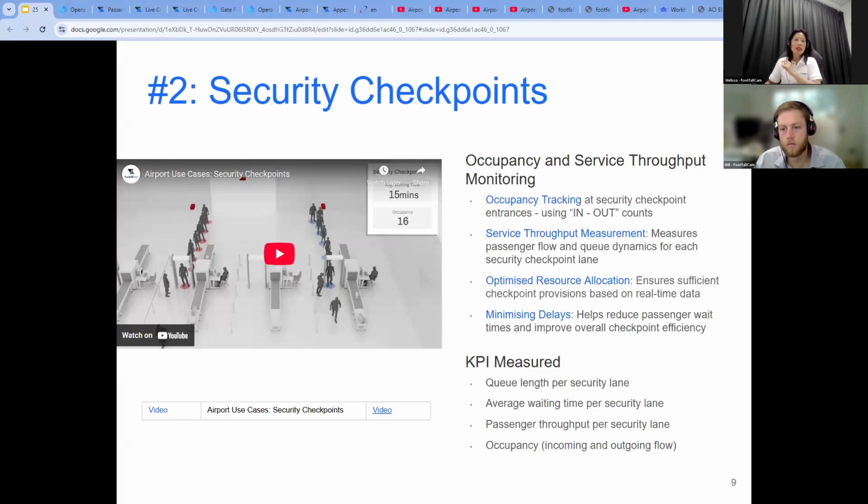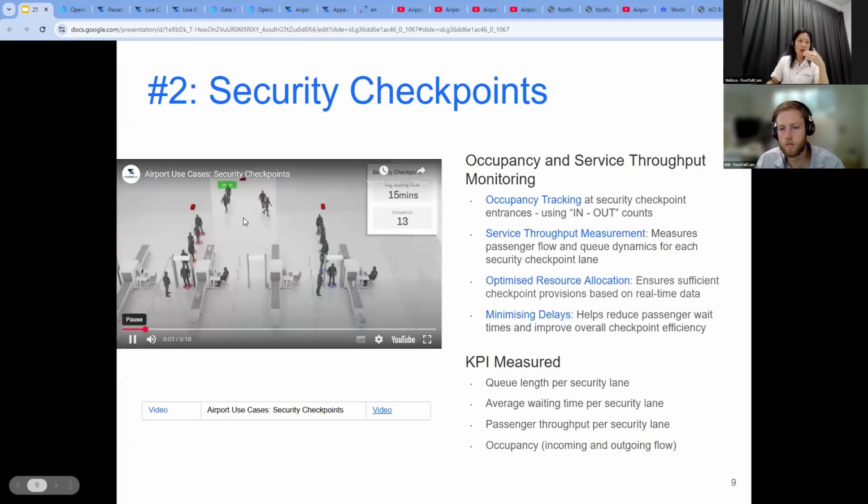And for the security checkpoint, now moving on, this is one of the highest-pressure zones in the airport journey, where delays can cascade into missed flights and disrupted schedules. So our system focuses on 2 key aspects here: occupancy monitoring and lane-level service throughput monitoring. First, we track the occupancy at the checkpoint entrances using accurate in-out counting.